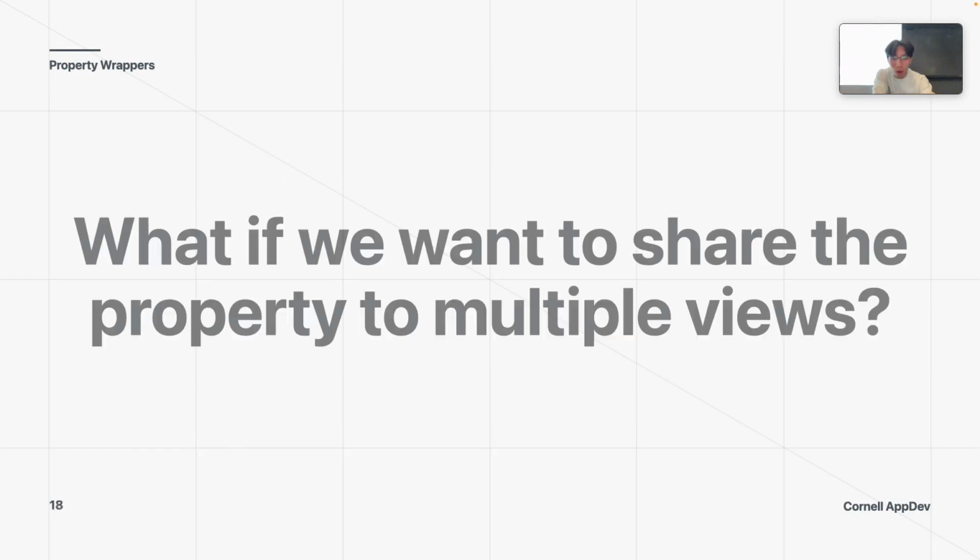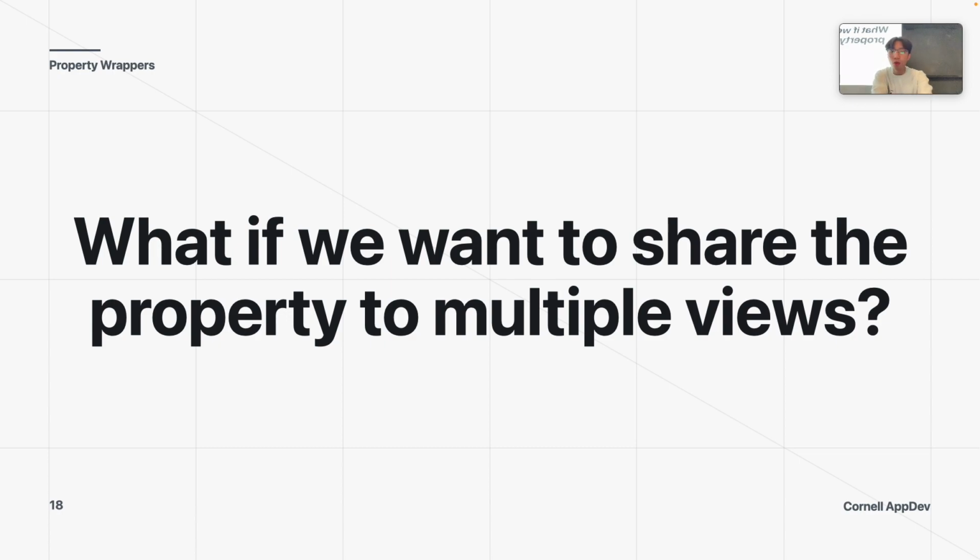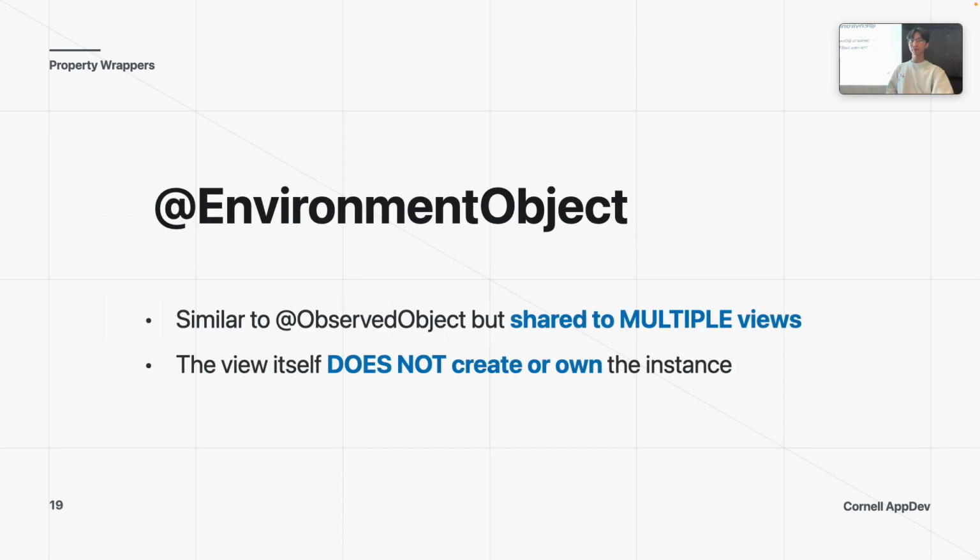Okay, so what if I want to share this with multiple views? In the previous example with @Binding and @ObservedObject, I'm passing it to a single child view. But what if I want multiple views to access this property? And what if this child view is not necessarily a descendant of the parent view? Well, there's another property wrapper called @EnvironmentObject.